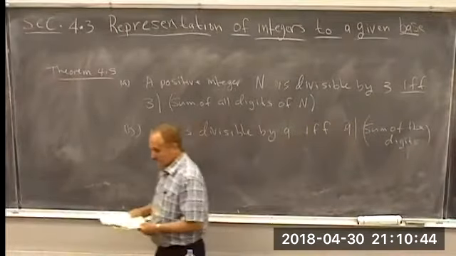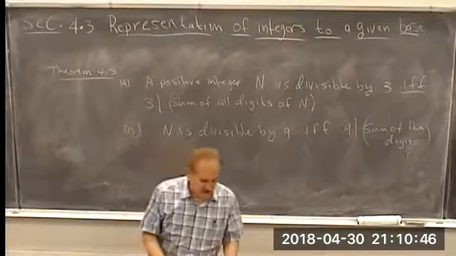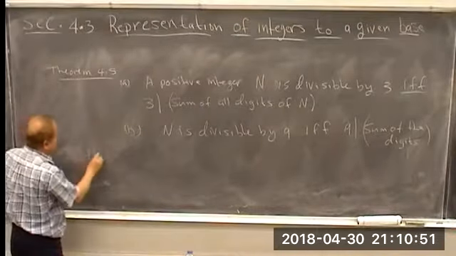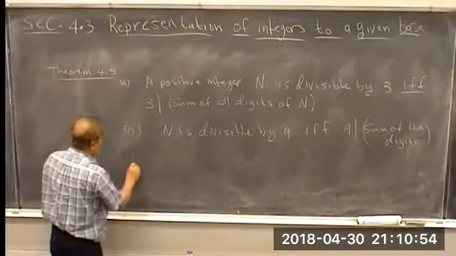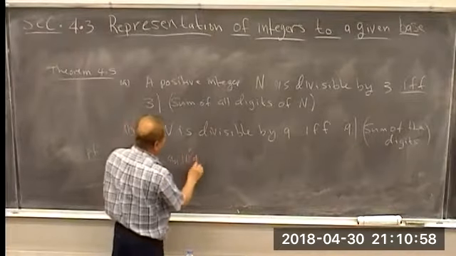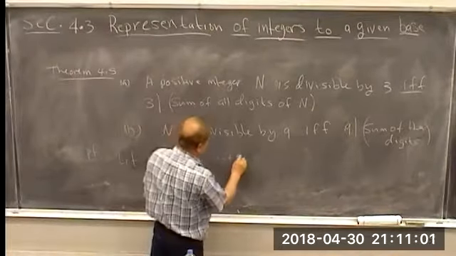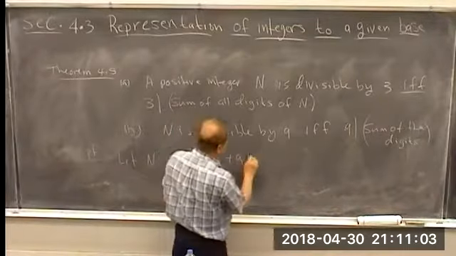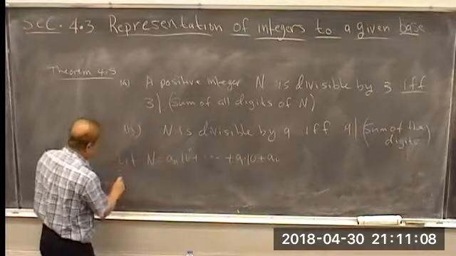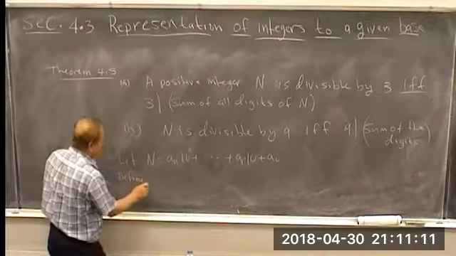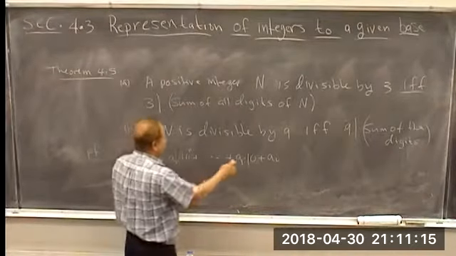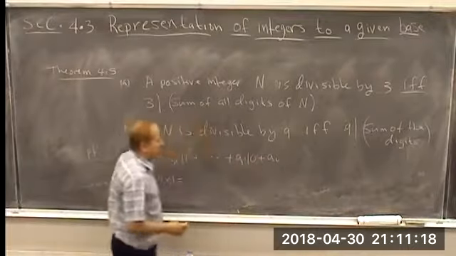The proof of this is actually very straightforward. We're going to let n equal a sub n times 10 to the n, and so on, times 10 plus a sub 0. We're going to define f of x, a polynomial with the same coefficients as the digits of n.